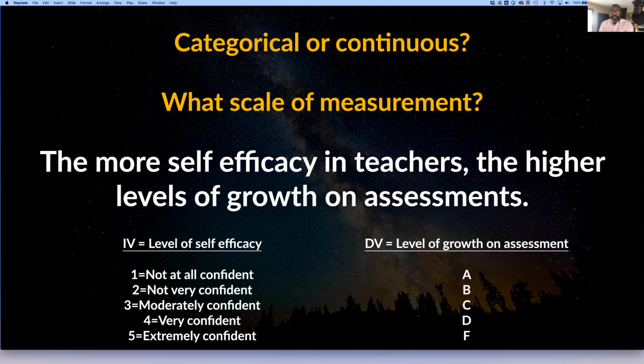Is the independent variable categorical or is it continuous? Categorical. Absolutely. Now, what scale of measurement is it? You've taken it, so it can't be interval or ratio because now it's categorical. You've brought it down.